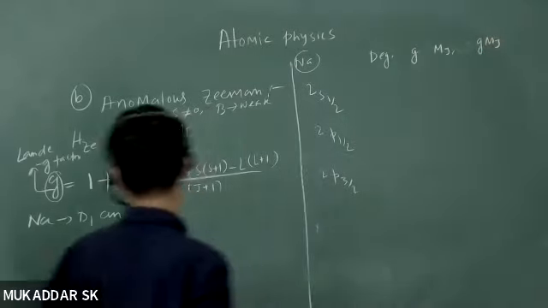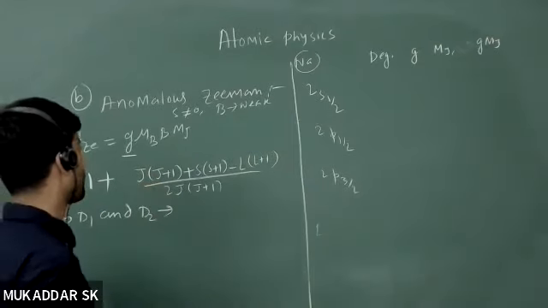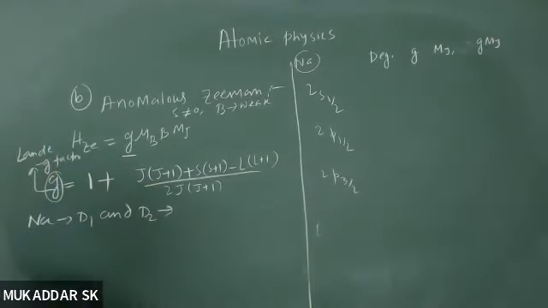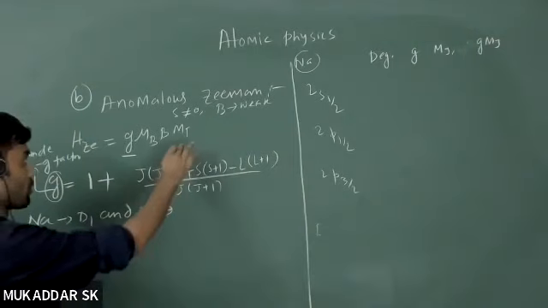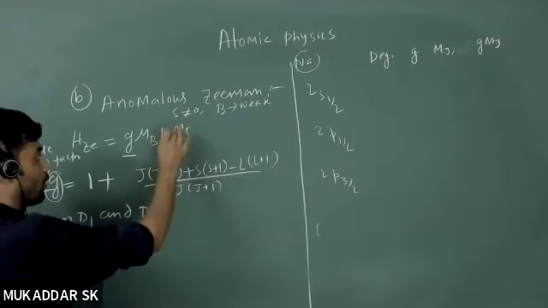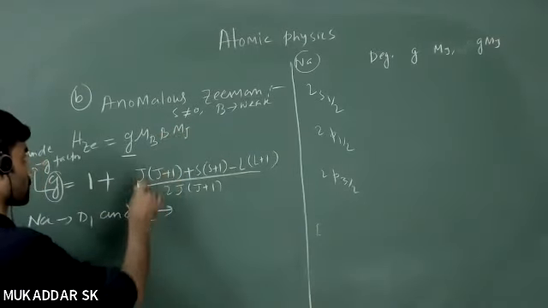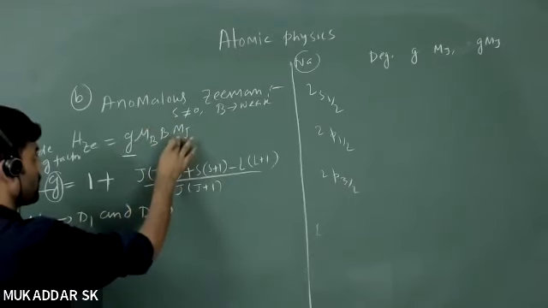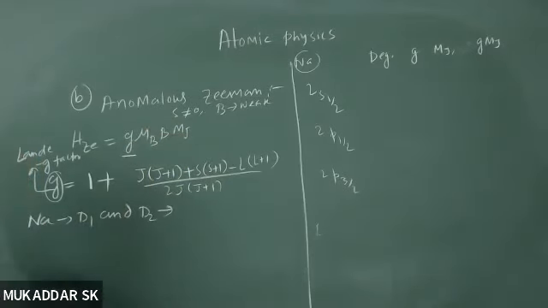In normal cases, the amount of splitting of an energy level was defined only by ml. Now the amount of splitting is defined by mj, but there is also a factor, the g factor. That's why you have to study the g factor also.